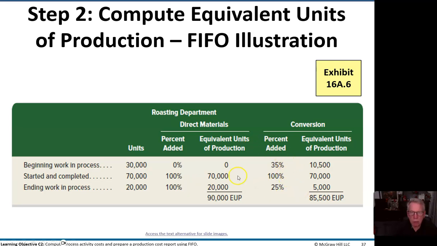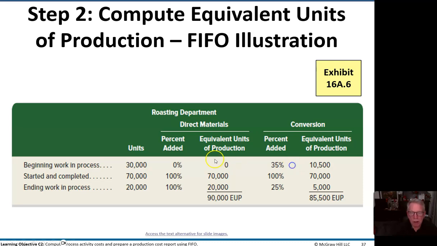So that's going to be 100% complete with respect to direct materials. And then ending work in process will be 100% as well for 20,000 units. Now, the conversion cost, again, that's the 100% less the 65%, gives us 35%.